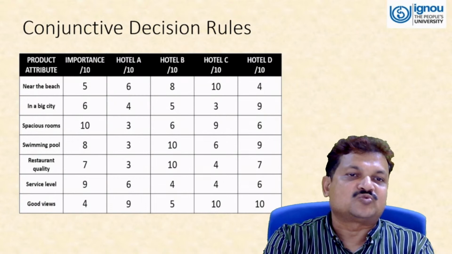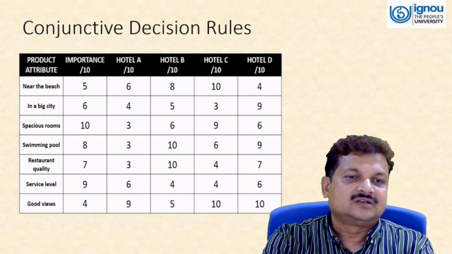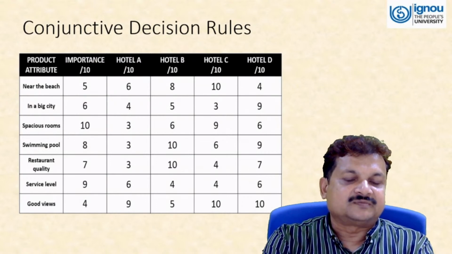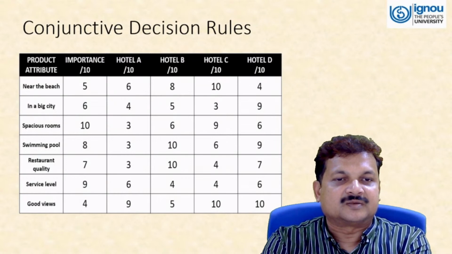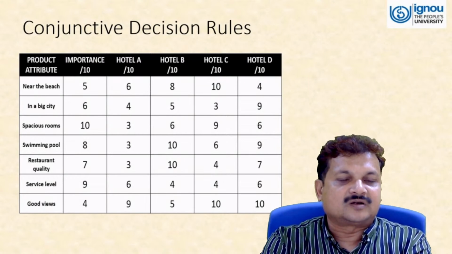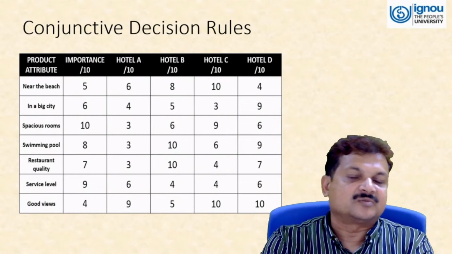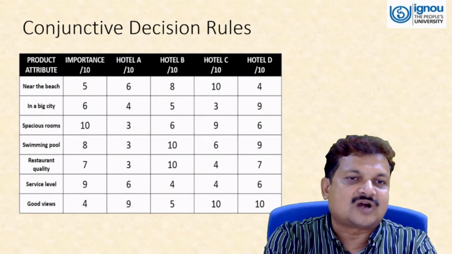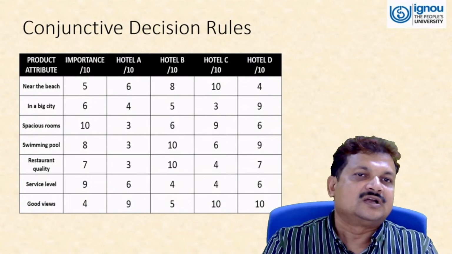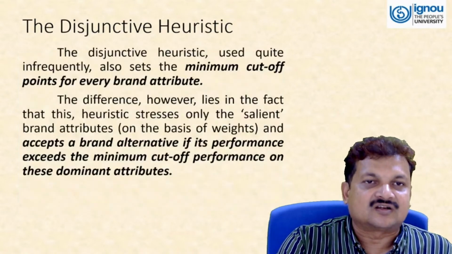And here you find 5, 6, 11, 10, 21, 8, 29, 7, it is coming 36, 36, 9, 45, then 45 plus 4 it is coming 49. So like that, you add these scores, and whichever score is more, you can say this hotel is selected or rejected.